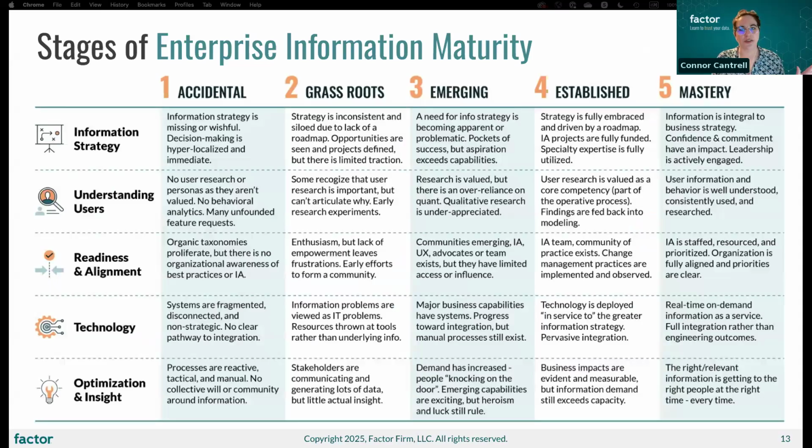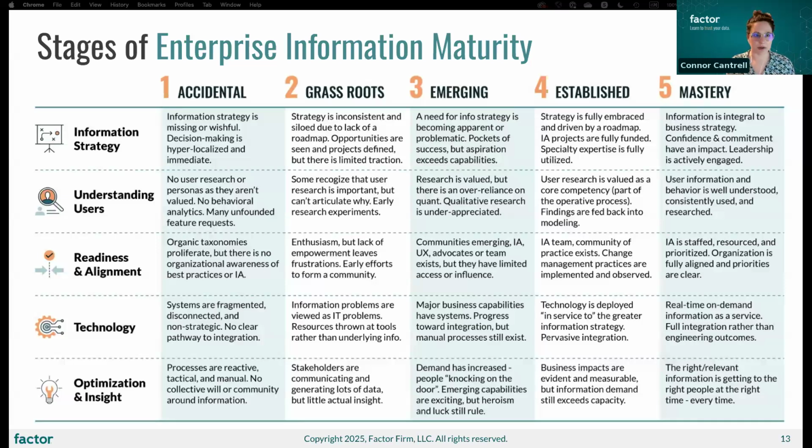Okay, so the reality is that you can't have fancy information capabilities without strong information maturity. What's on screen is a detailed look at Factor's information maturity scale, which we use to evaluate a client's information maturity, which can range from really reactive and ad hoc at the lower end to really proactive and continuously improving at the highest end.